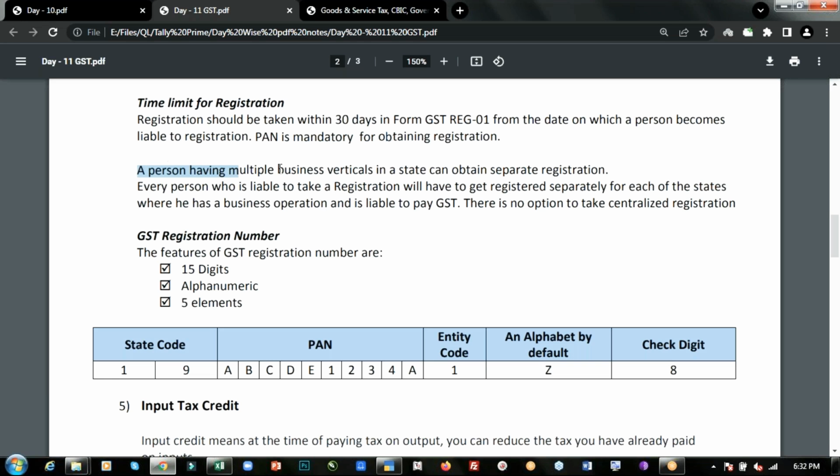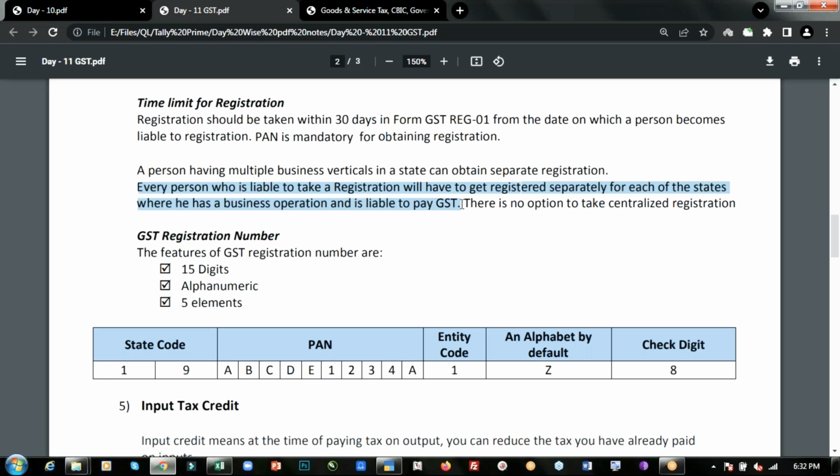A person having multiple business verticals in a state can obtain separate registrations. Basically, if you have multiple business verticals in a state, you have to take separate registrations for all of them. Every person who is liable to take a registration will have to get registered separately for each state where he has business operations and is liable to pay GST.